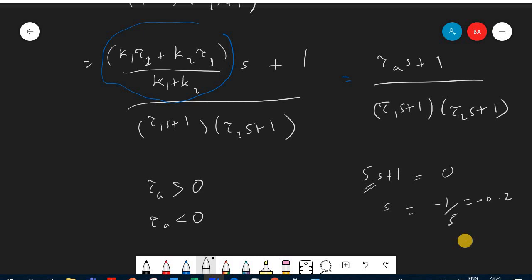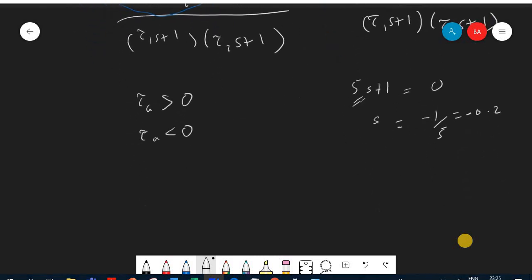In this case, it is standing on the left hand side of the imaginary axis, and we represent this as a circle, so that is like here, minus 0.2. So in this case, are we going to have an undershoot or an overshoot?